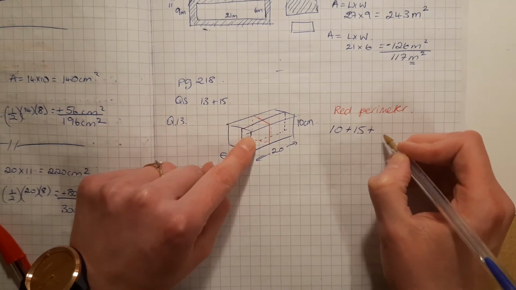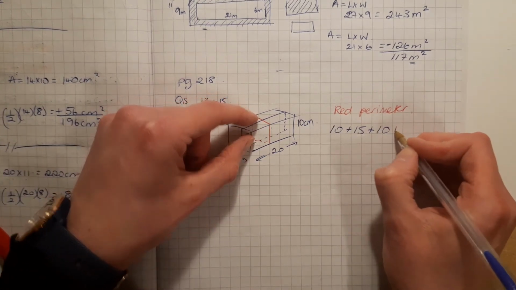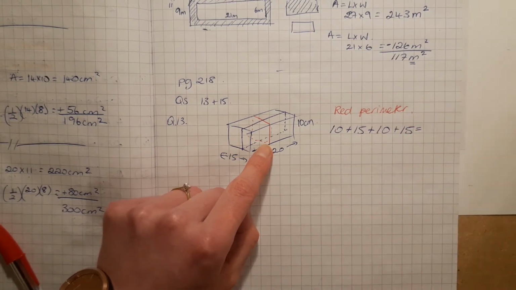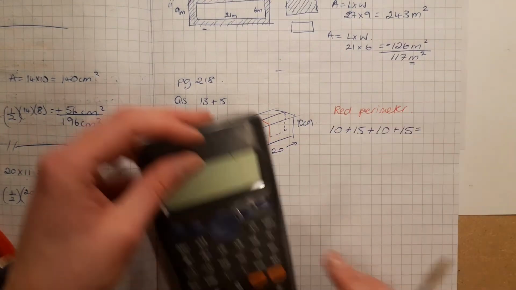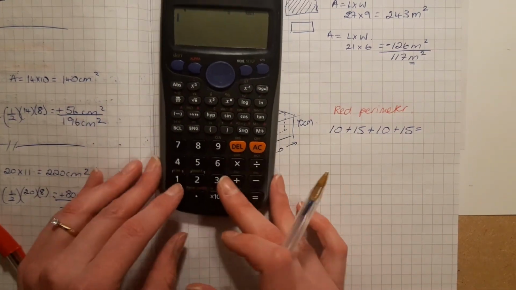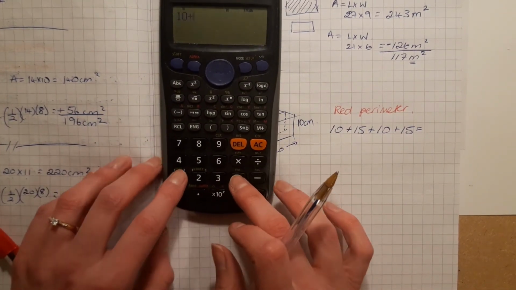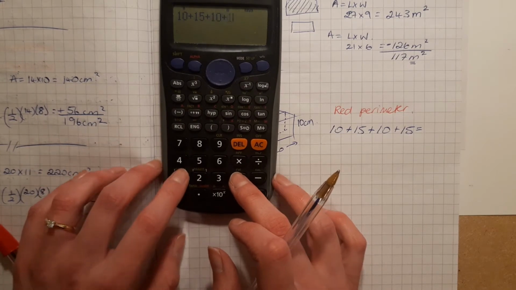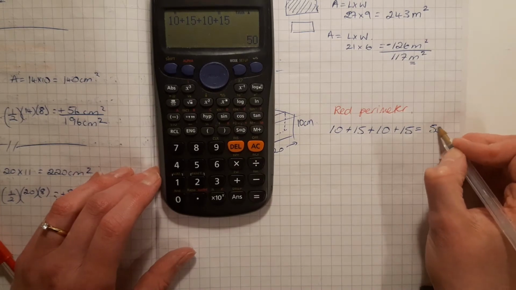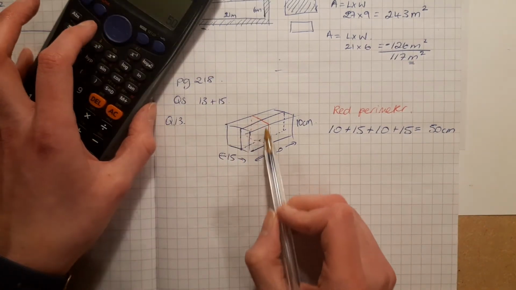Then it's going down the other side again, the same height of 10, and it's going to cross the bottom again, 15. And you're going to add up those. You can just grab your calculator for this. It's 50 anyway, but look, we'll do it on the calculator so you can see: 10 plus 15 plus 10 plus 15, and that's 50. So that's 50 centimetres in one direction. So the red perimeter is 50.